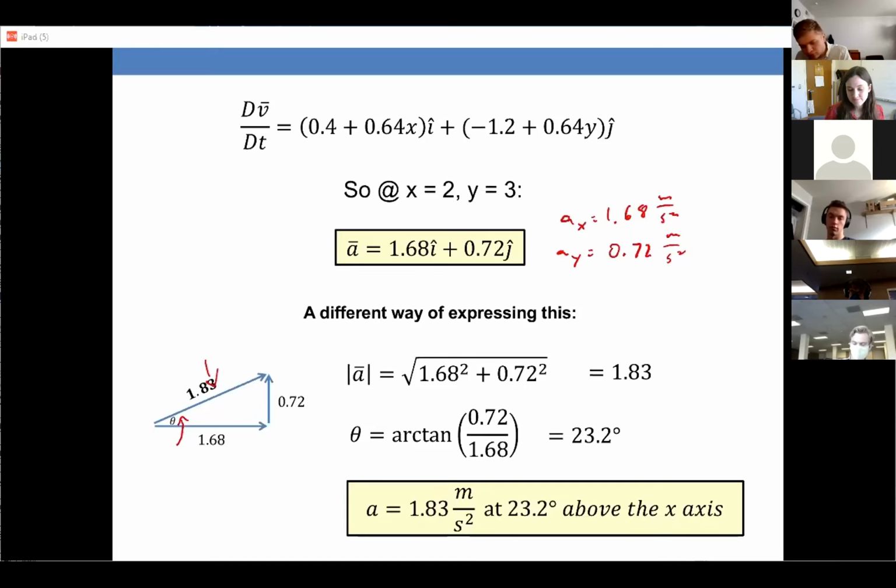Dr. Nickerson, could you explain why when you take the dot product of the velocity vector and the gradient of the velocity vector, you still get a vector out?